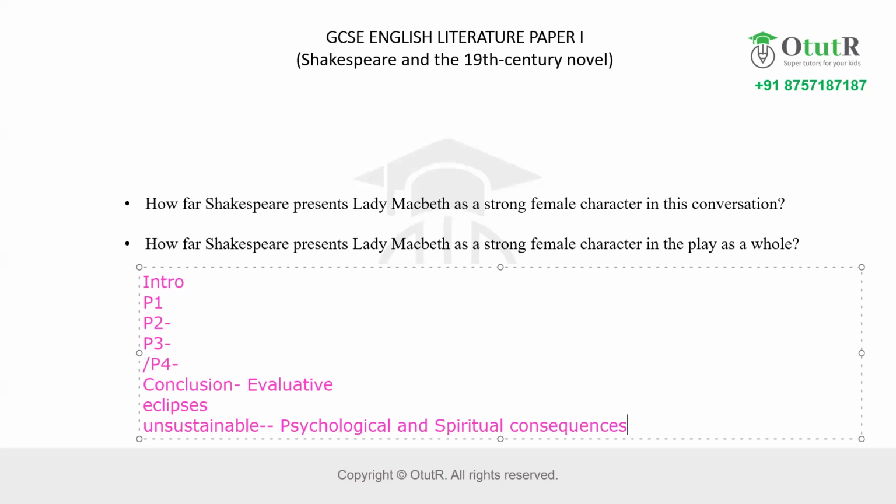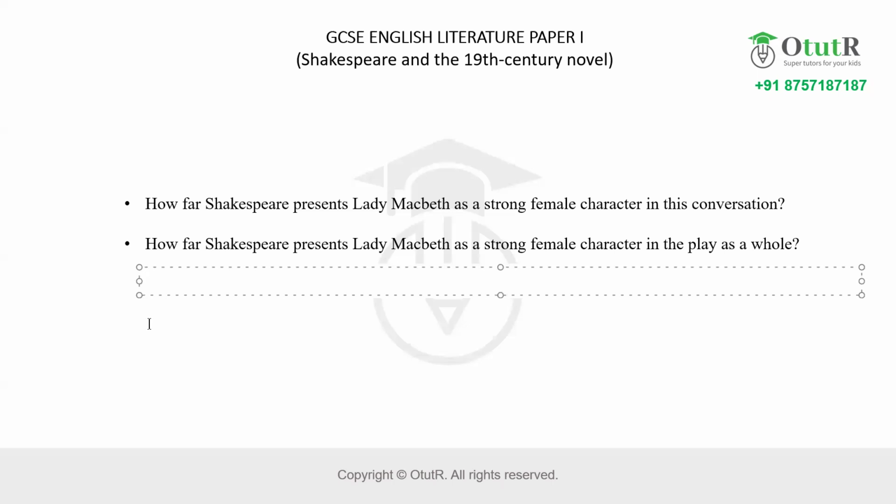So, even though Lady Macbeth is presented as one of the fiercest, or the strongest characters, in the end, she is a tragic figure because the character arc completes with a suicide. So yes, that is it for section A.